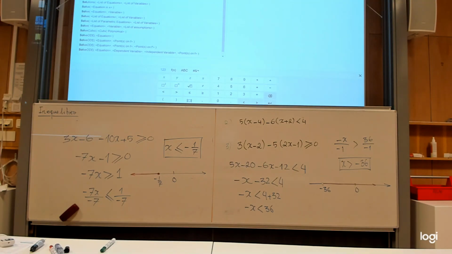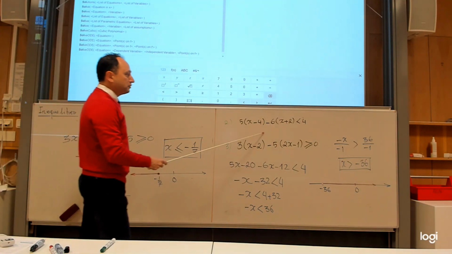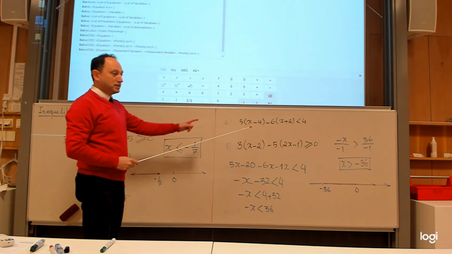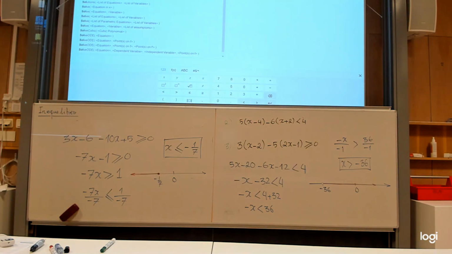But let me try to use our chance to see if it works for this one. Let me punch this one, regardless of the name of this one is not equation. The name of this is inequality. So I will go to solve again as before.